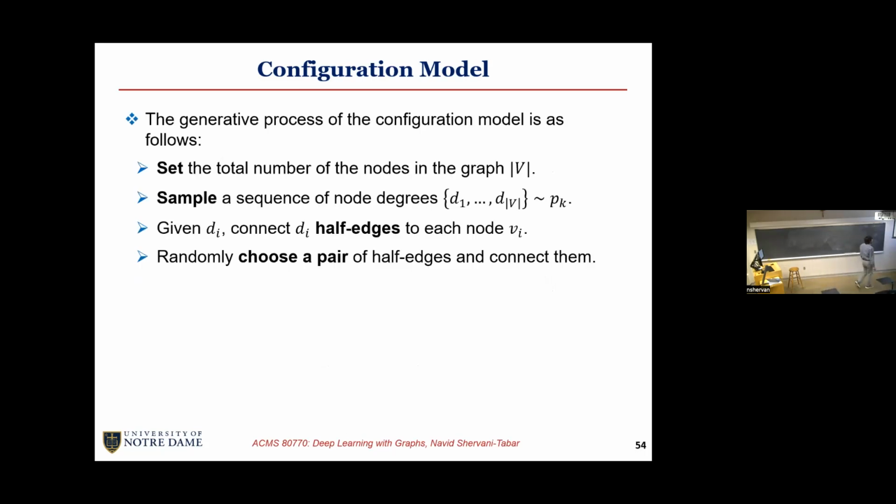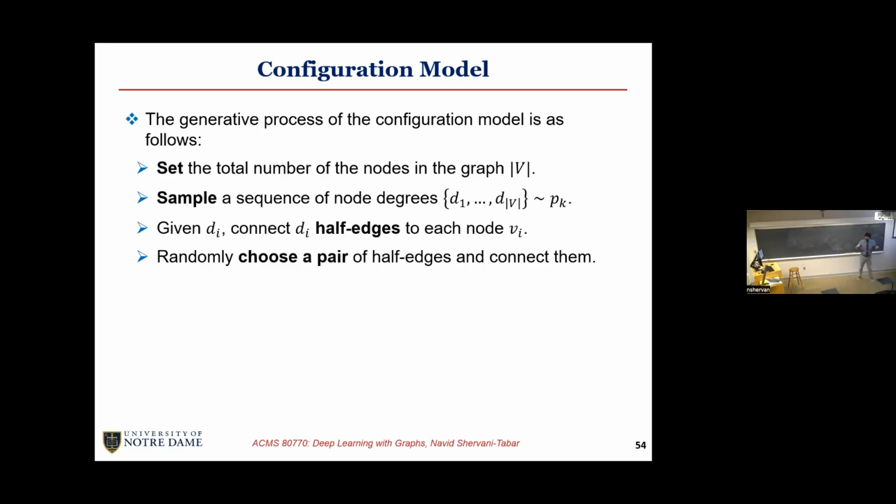So let's say that we want to construct a graph through this approach. First of all, we select V nodes in that graph. I mean, we basically put V nodes down on the paper, and I want to have some distribution pk.